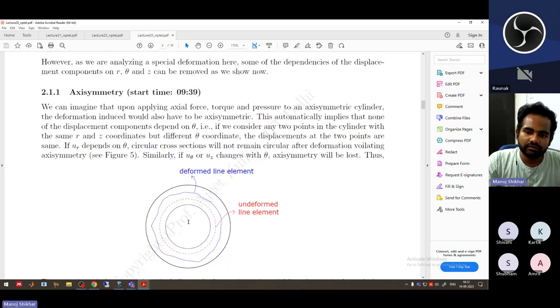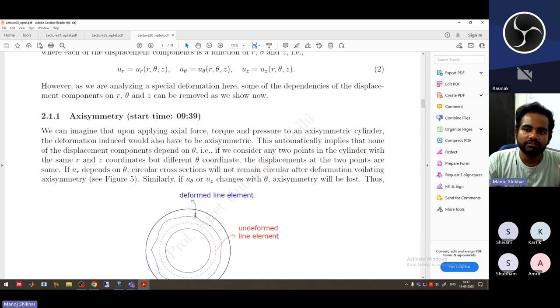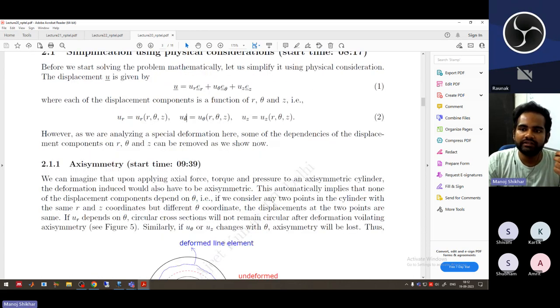This assumption leads to displacement fields which are independent of theta. So our UR, U theta, and UZ, if we invoke axis symmetry, will only become functions of r and z.